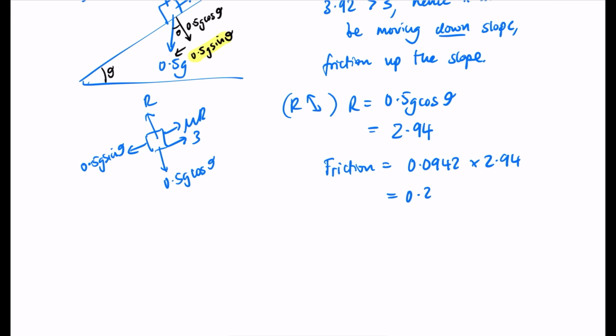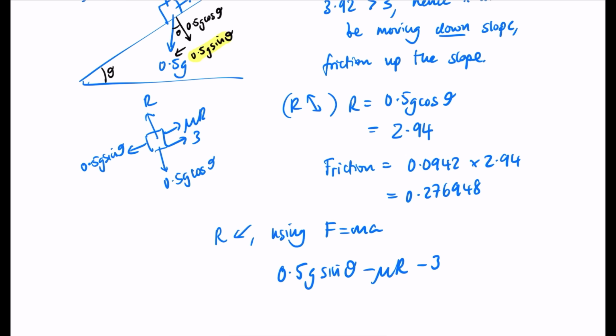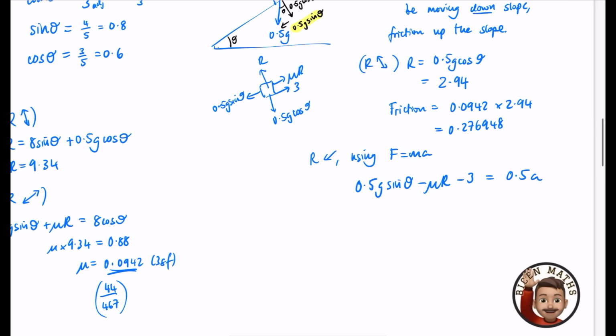Which is 0.276948. So all we need to do now is resolve going down the slope using F equals ma. So we have 0.5 g sine theta minus mu R minus 3 equals the mass, which is 0.5, times the acceleration.